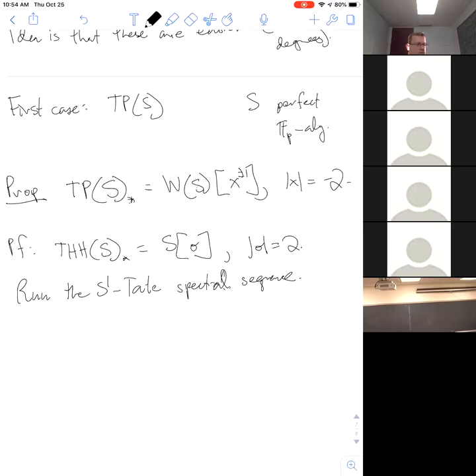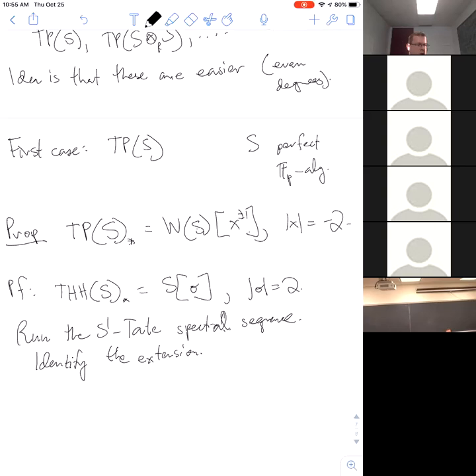You're starting with something which is in even degrees, THH of S, and you're taking an S^1 Tate construction. Everything is in even degrees, so there's no room for differentials. So you only need to identify the extensions. And the claim is that the extensions are as non-trivial as possible. So that's why you're getting the Witt vectors of S in degree 0. And it's the same thing that happens for F_p.